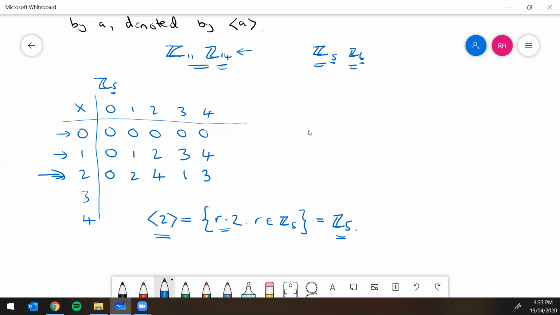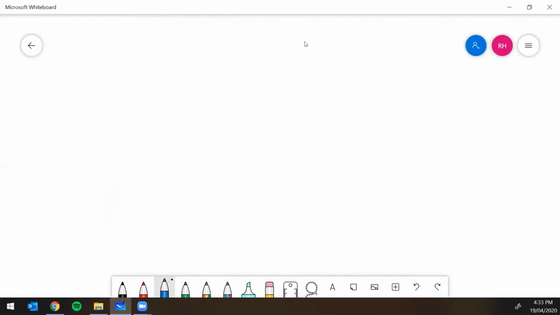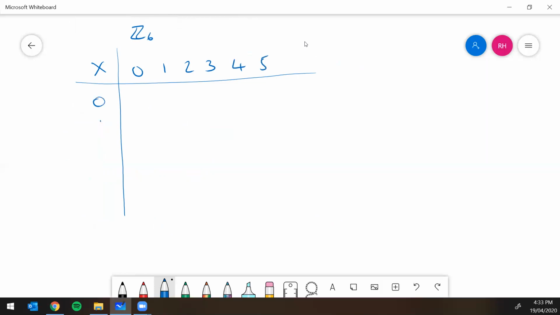Okay, now let's have a look at Z6. And I suppose the distinction here between 5 and 6 is that 5 is a prime, 6 isn't. So here now we're looking at Z6. We'll look at the ideal generated by 2 again. 2 by 0 is 0, 2 by 2 is 4, 2 by 3.